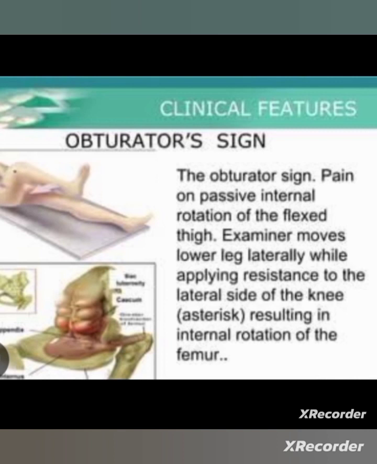Pain occurs due to the passive internal rotation of the flexed thigh. This is known as the obturator sign.